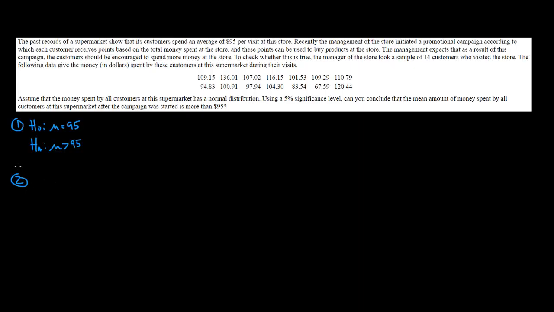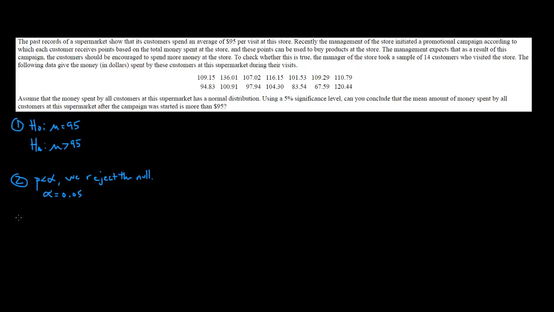But all we have to do is say, if p is less than alpha, we reject the null. Okay, alpha here is 5%, so alpha equals 0.05. So if we get a p-value and it's less than 0.05, that means we reject the null, and the manager's intervention, his campaign, has made a difference.